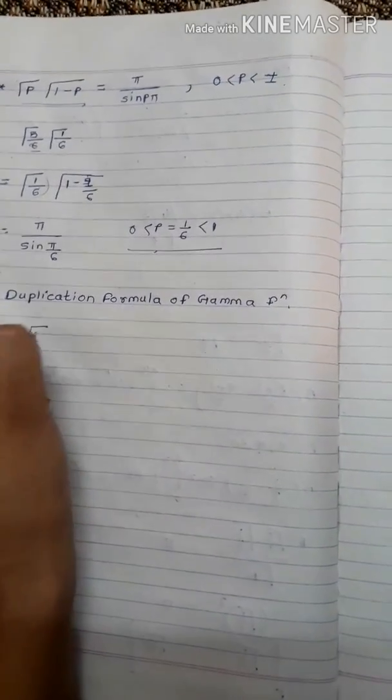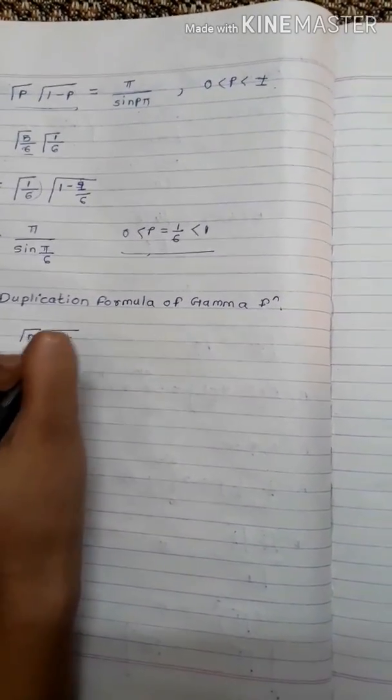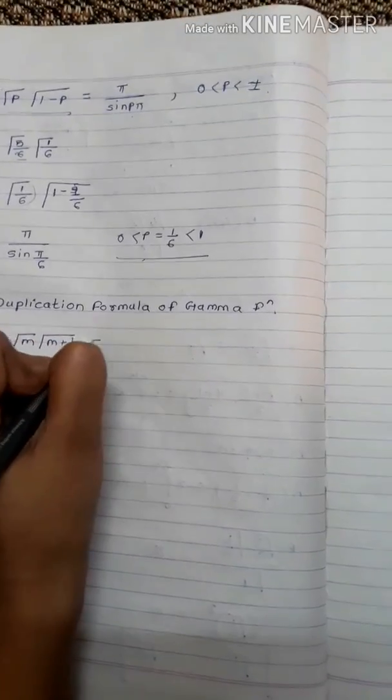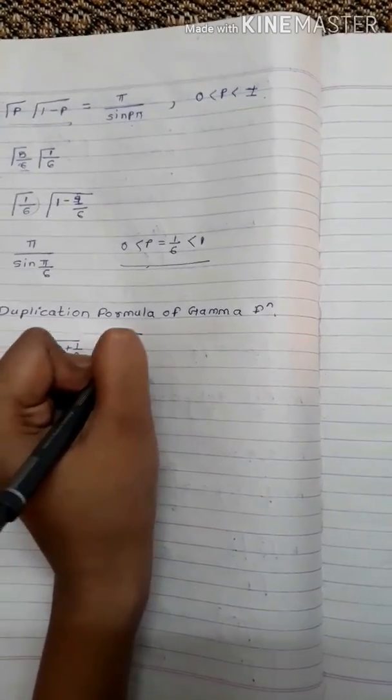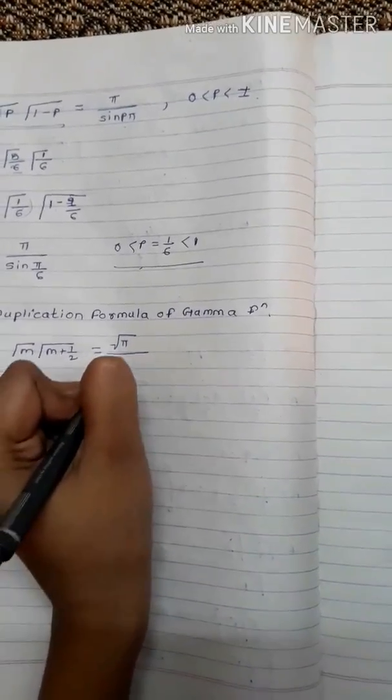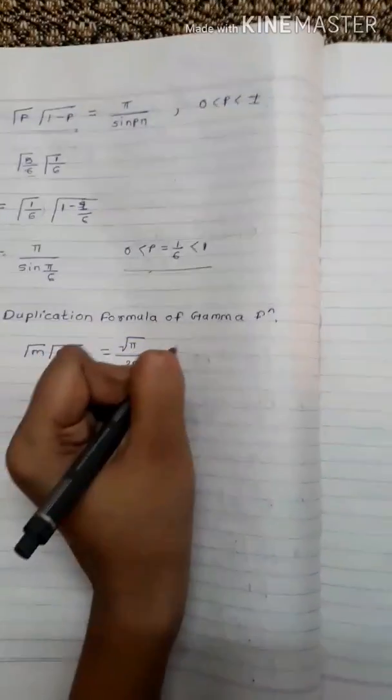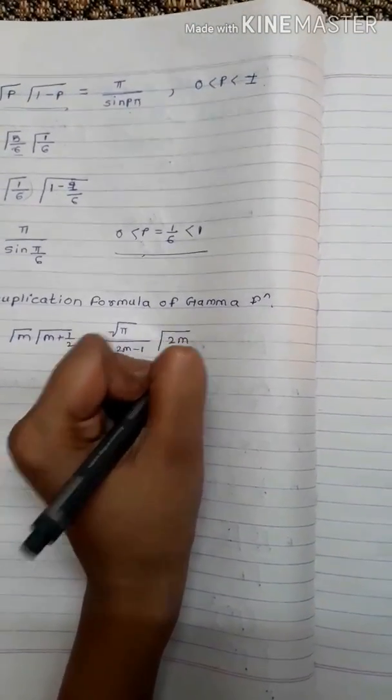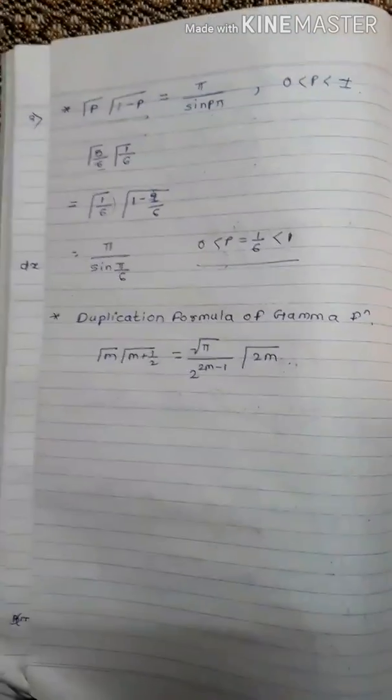The formula is given by gamma of m multiplied by gamma of m plus half, which is equal to root pi divided by 2 raised to 2m minus 1, into gamma of 2m.